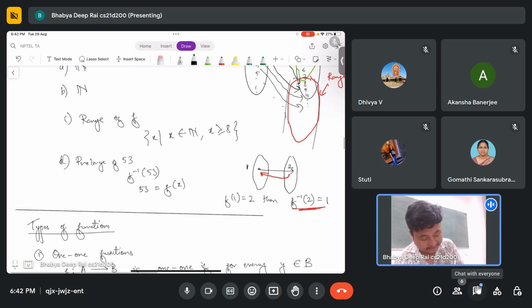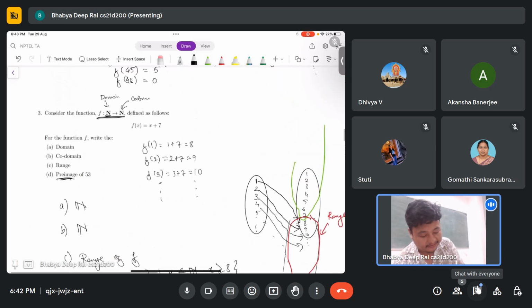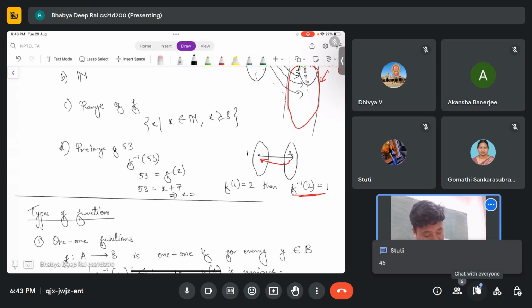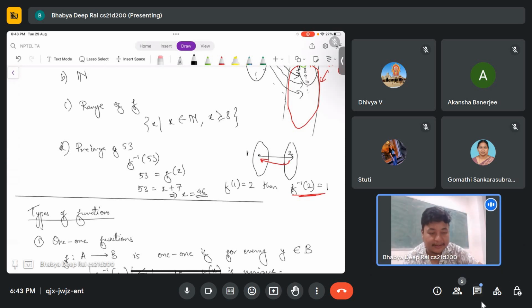What is f of x? 53 equals x plus 7, right? F of x is x plus 7. So this means that x equals 53 minus 7, which is 46. That is the answer. We'll use this pre-image notion later also. Oh yes, Suti has written 46. Good.